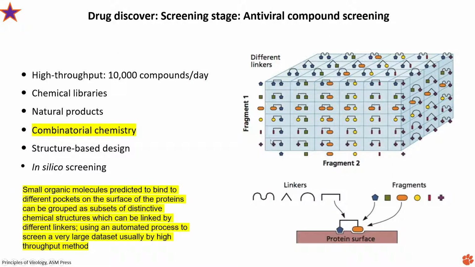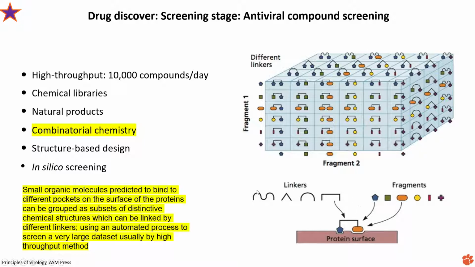In the same way, we can ask which of the following is the name of the screening, and describe it: small organic molecules predicted to bind different pockets on the surface of proteins can be grouped as subsets of distinct chemical structures, which can be linked by different linkers using an automated process to screen a very large data set, usually by a high throughput method.